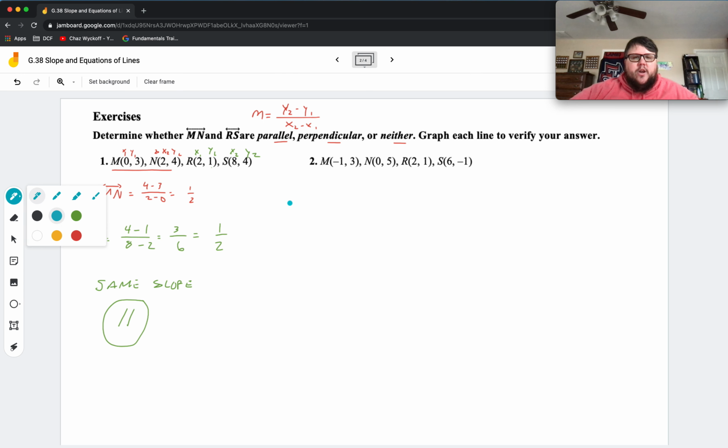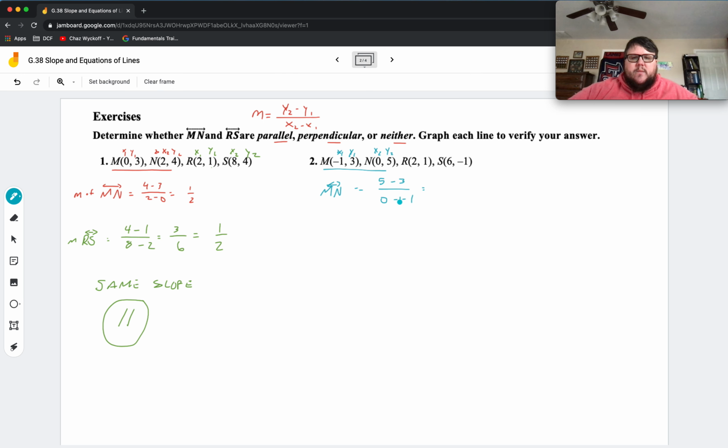Let's go ahead and look at number 2. So we're going to do MN first. x1, y1 would be M, and x2, y2 is N. So we get y2, which is 5, minus y1, which is 3, over x2, which is 0, minus -1.